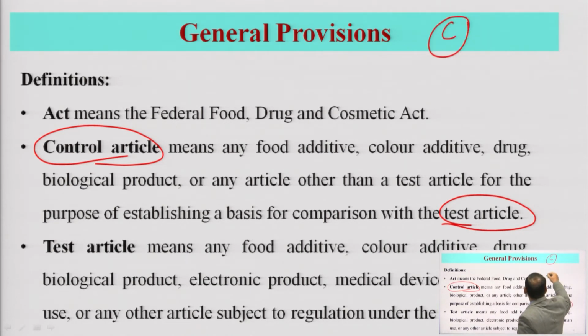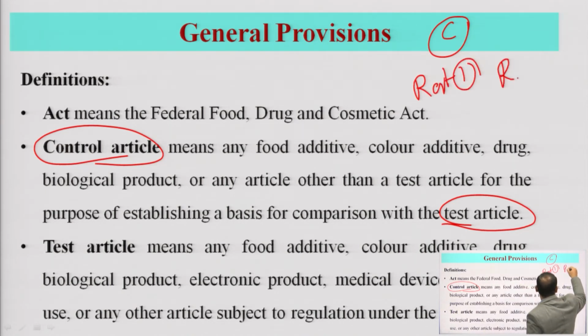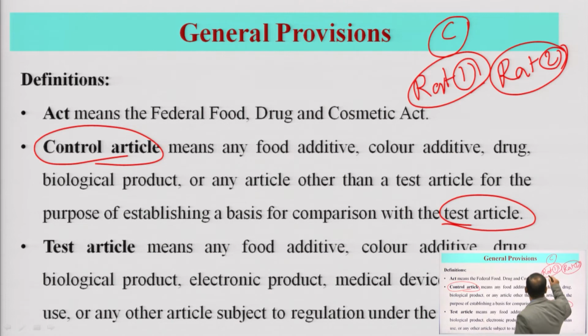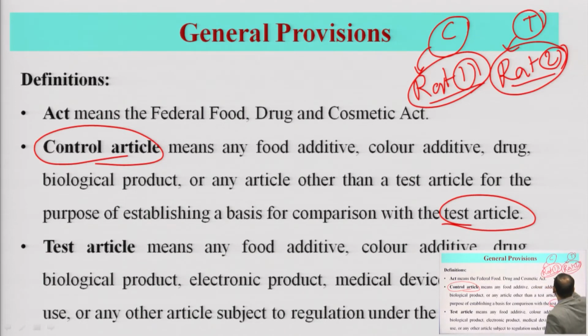Suppose you have two rats, rat number 1 and rat number 2, both having a similar amount of cancer. Now you have developed one drug, which you call the test, and the other is the control. You check control here and test here, and then you compare.